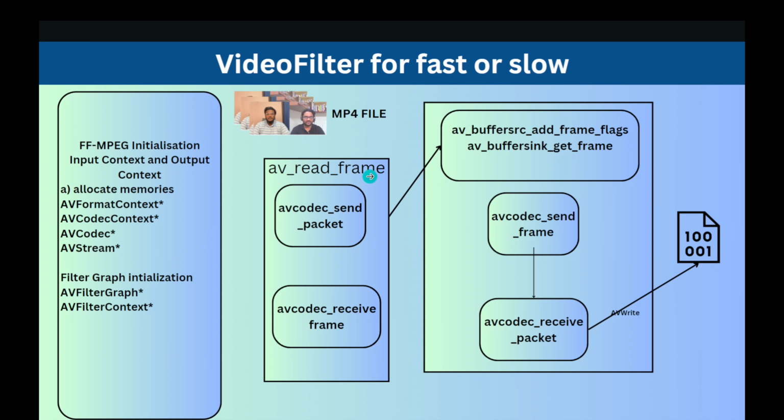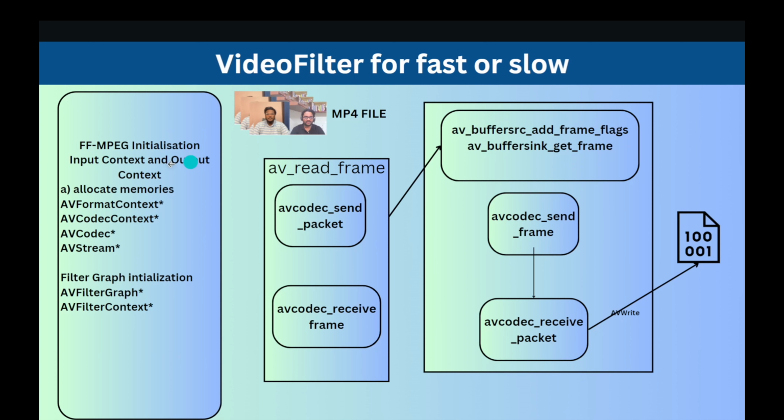As we discussed in the video series, if you have an MP4 file, these are the FFmpeg APIs where you read the frame, and while reading the frame continuously from the file, you send that packet and then receive that frame. After receiving the frame, you need to call specific APIs, av_buffersrc_add_frame. These APIs are part of AVFilter.